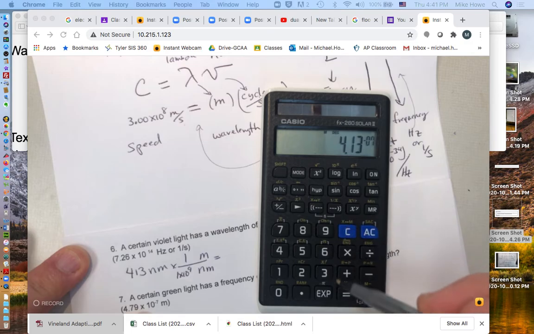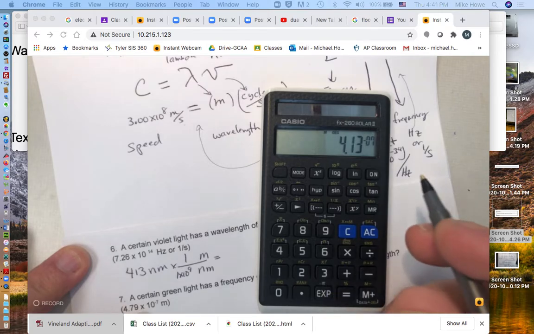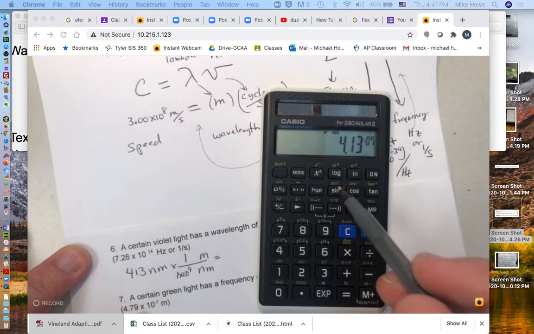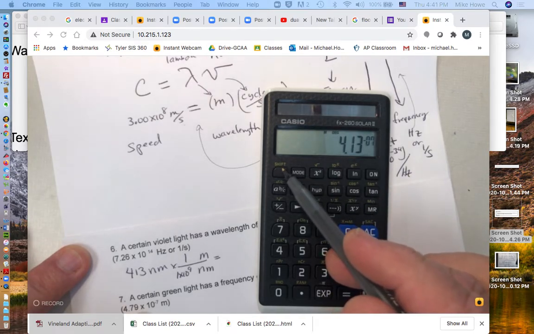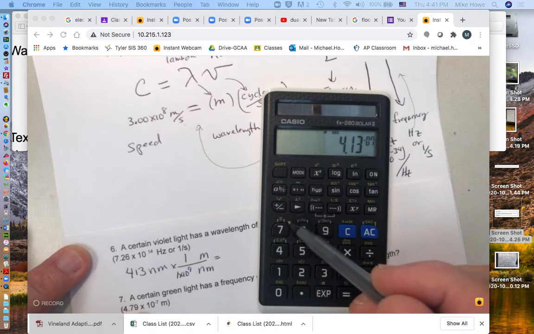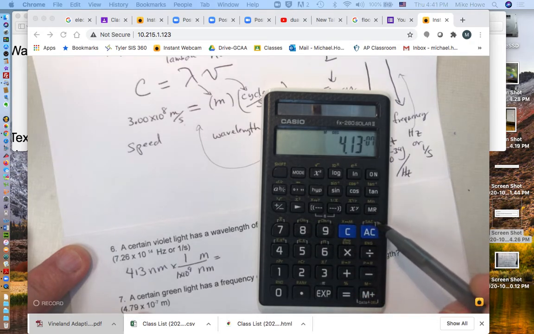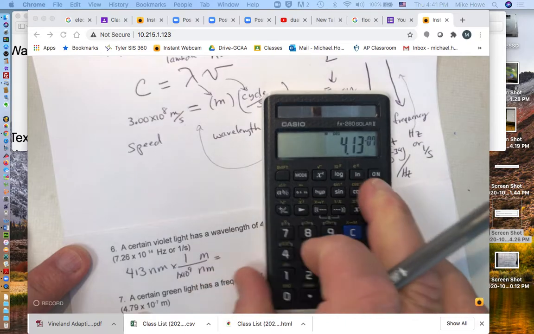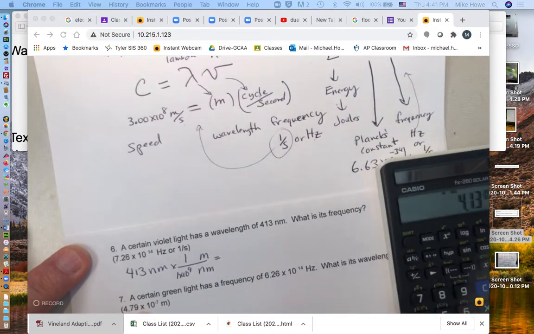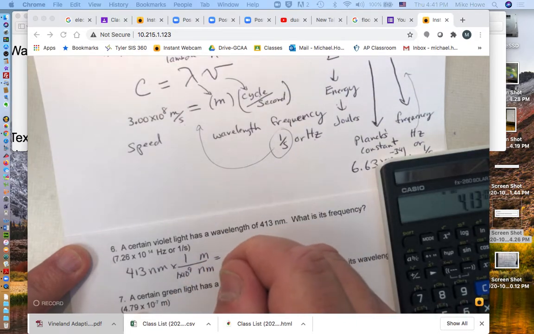Notice I did not type times 10. I did not use the times 10 button. I used the EXP. On some of your calculators, you'll have a second button up here like a shift button, and EE will be one of the secondary functions. So you have to look for that on your calculator. All right, bottom line, 4.13 times 10 to the negative 7th.